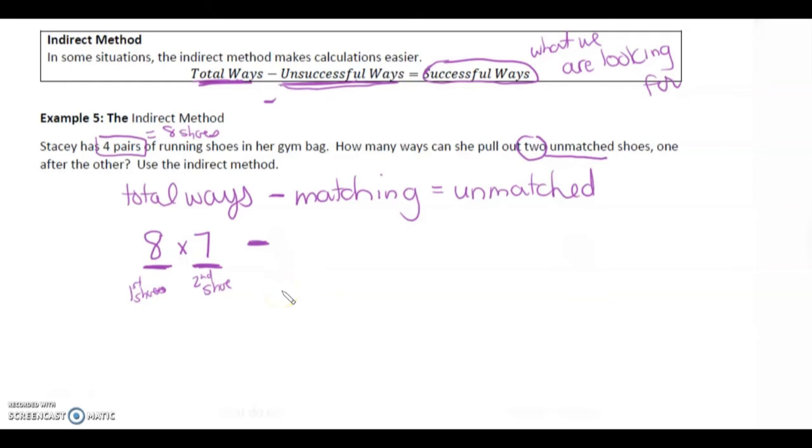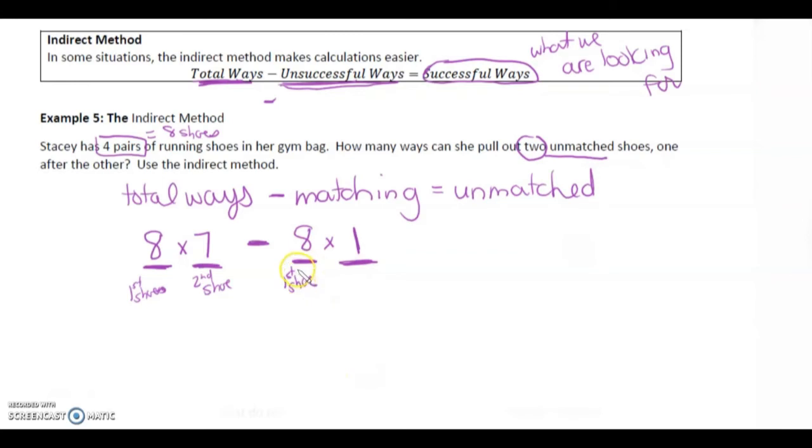How many ways can you have matching shoes? Well, you can choose any of the 8 shoes. But then there's only one shoe that matches that first shoe. Depending on whatever the first shoe is, you only have one way of matching it.